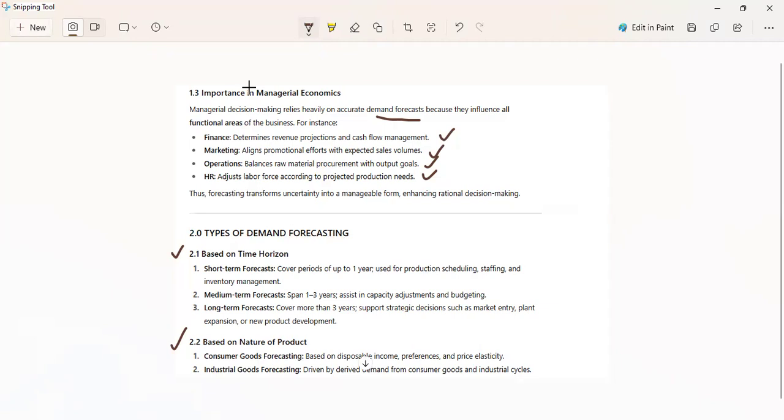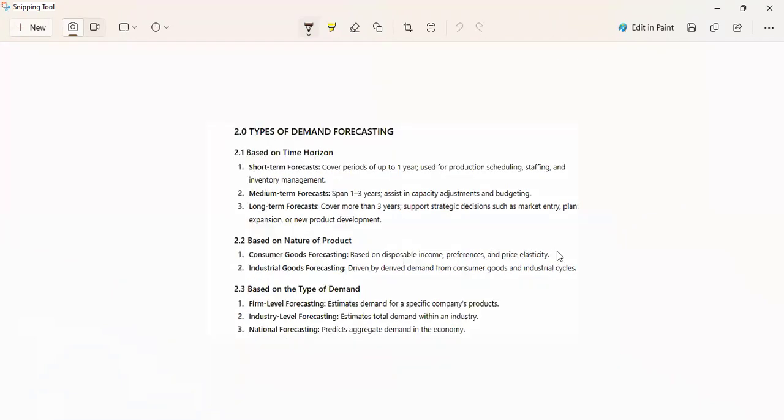So usually, if we're dealing with consumer goods, it's based on disposable income, preferences and price elasticity. And if we're dealing with industrial goods, it's driven by the demand from the consumer and industrial cycles. And last but not the least, the type of demand that we have. So firm level forecasting is the estimates for demand for a specific product of a company.